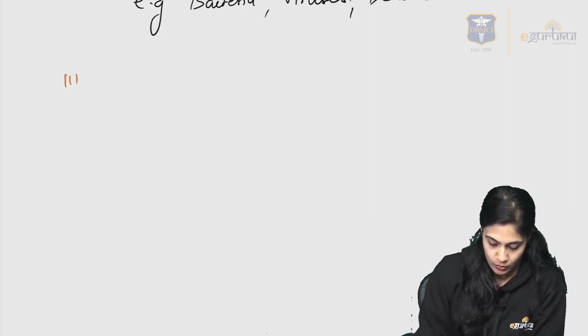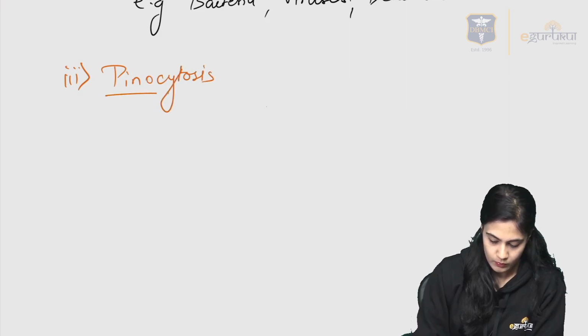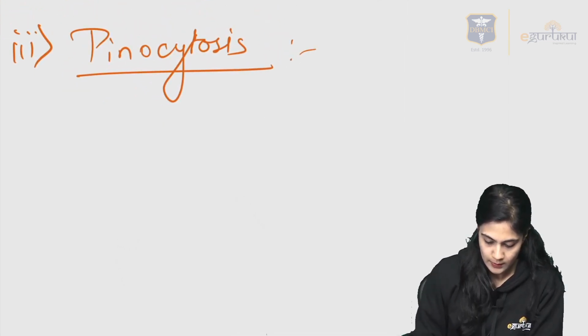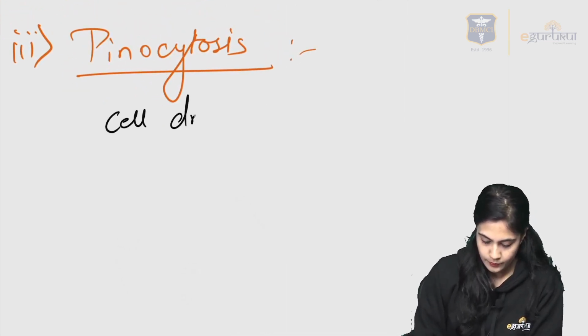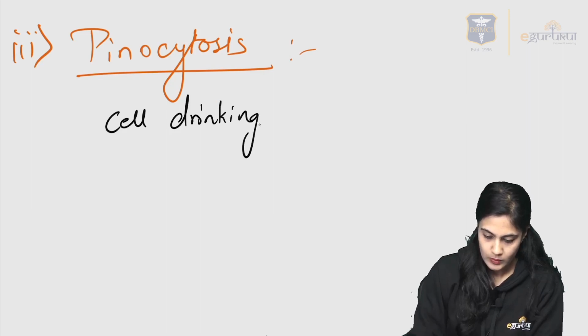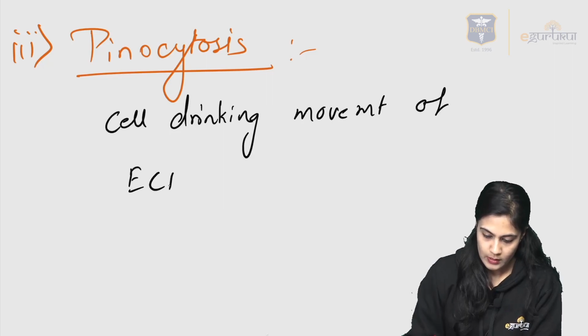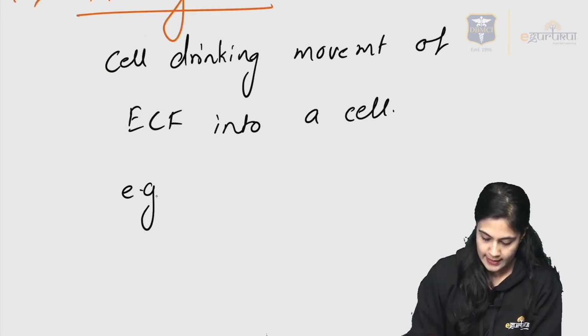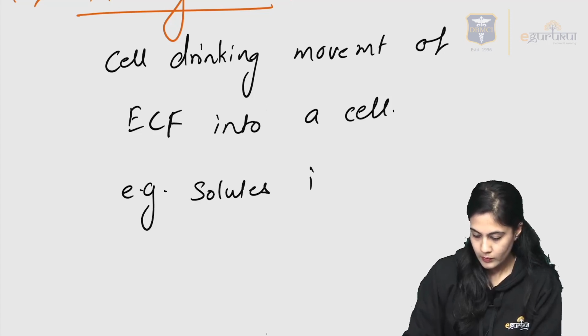Okay. So, moving on to the third subtype, that is pinocytosis. Now, the points about pinocytosis: it is the cell drinking movement of ECF into a cell, right. And what is the example? Yes, it is the solutes in ECF.